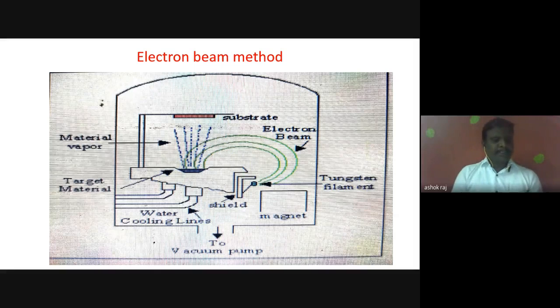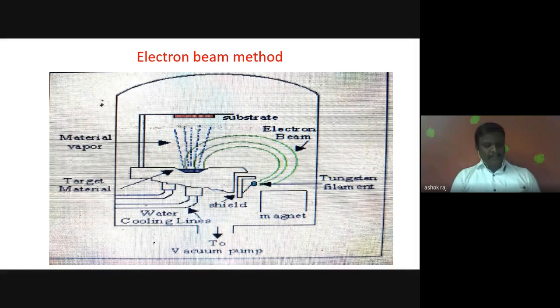Okay, this deposition method utilizes a stream of electrons accelerated through 5 to 10 kilo electron volt fields, which are focused on a target material to be evaporated. The electron beam forces the atoms from a target to evaporate and form a gaseous phase. These atoms form a solid layer, thereby coating the substrate with a layer of the anode material. Okay, the impinging of electrons generates the heat required to evaporate the material to be coated.